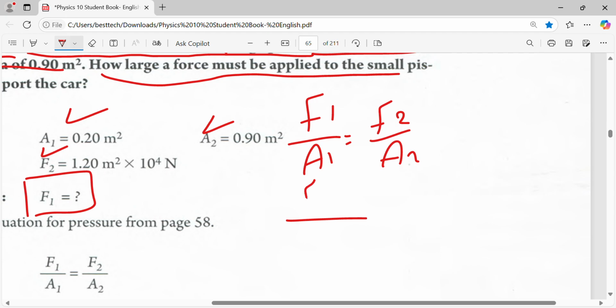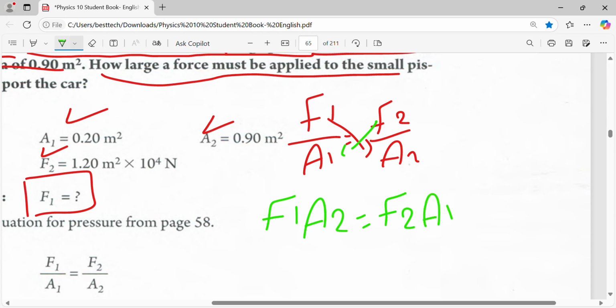I would like to find F1, but before that, multiply, it's easier. F1 times A2 equals F2 times A1. Now I want to find F1, so divide both sides by area 2.